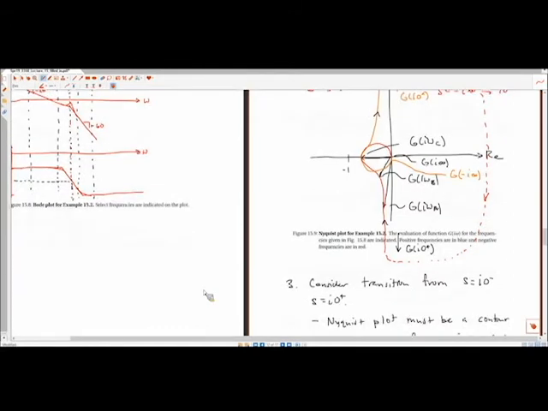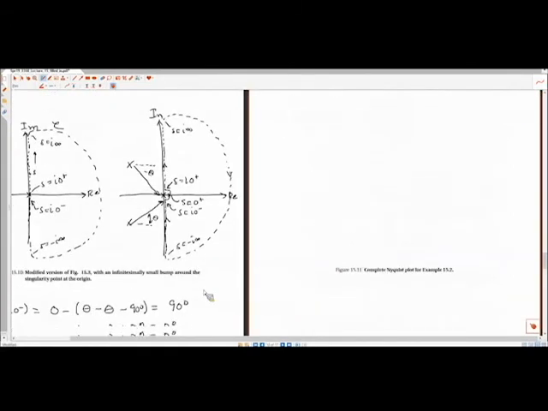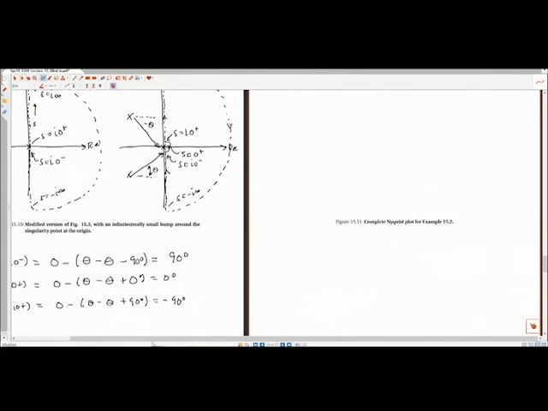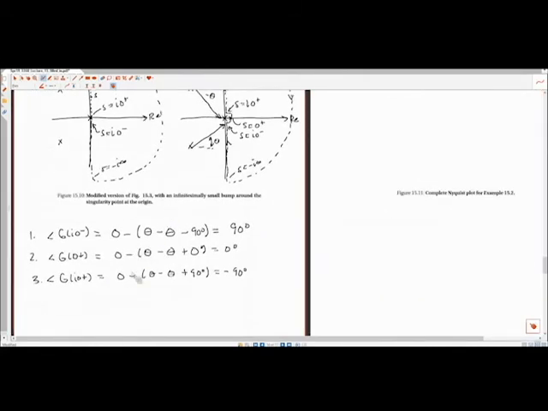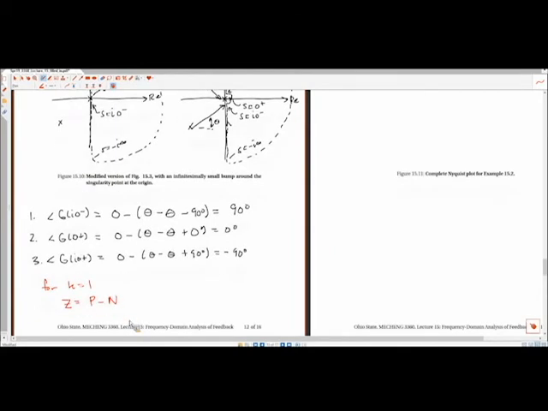All right. So really quick, in the remaining 2 minutes here, if we evaluate stability for the system, for the current gain, K equal to 1, we use Z equals P minus N, where Z is the number of closed loop poles in the right half plane, P is the number of open loop poles in the right half plane, and N is the number of counterclockwise encirclements of the point -1.